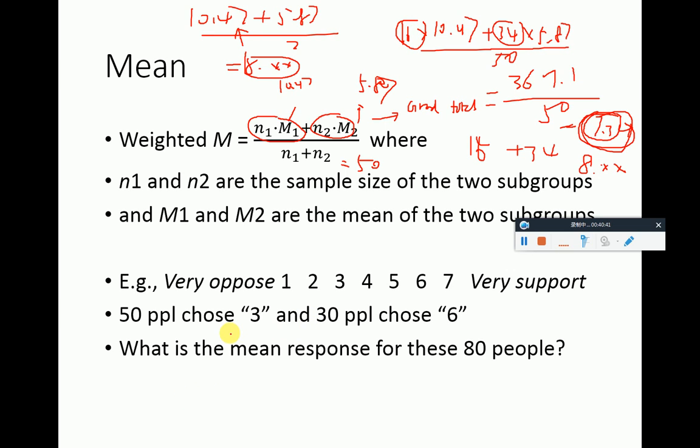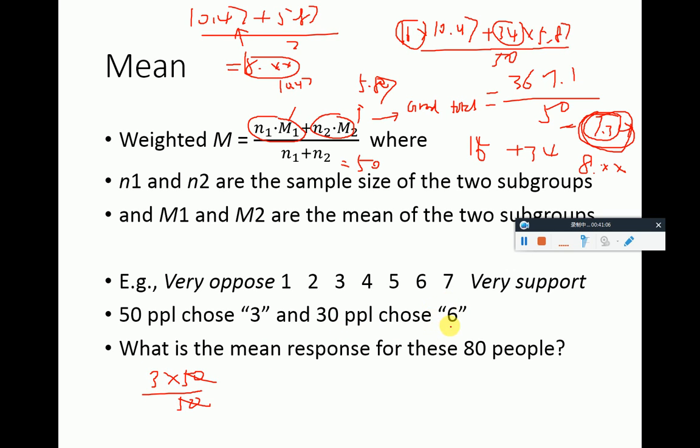First of all, if all these 50 people chose 3, that simply means the average of these 50 people is 3, right? The grand total for these 50 people is 3 times 50. There are 50 of them, so these two 50s cancel out by each other, so the average is 3.